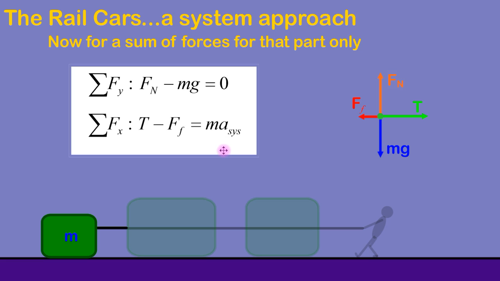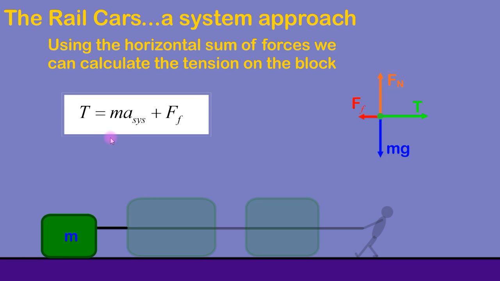So the information that we found out earlier we can use to solve for the net force horizontally, which means we can solve for the tension. Tension is equal to the mass times the acceleration of the system, where the mass is that of the part, plus that frictional force on that part. That's how you would find the tension on that rope.